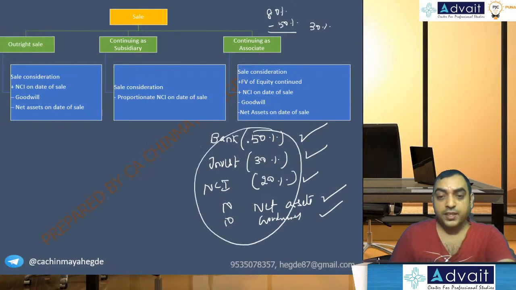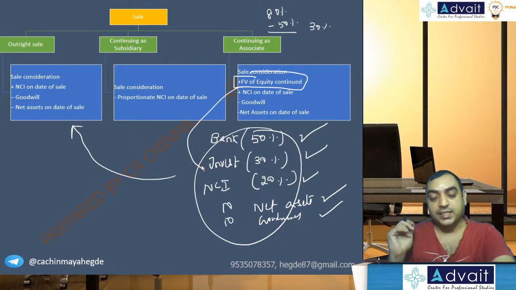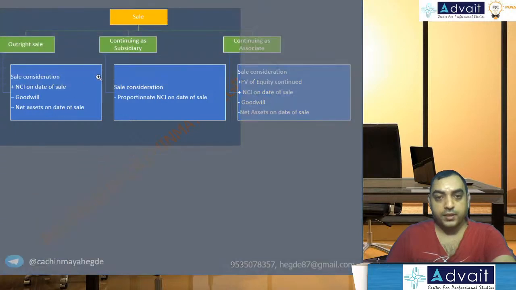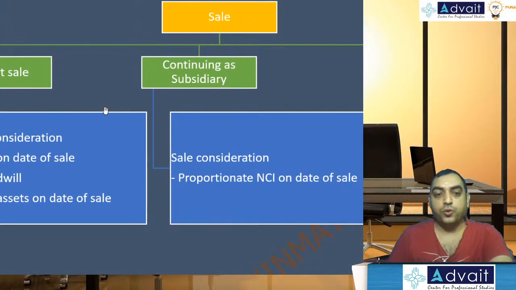So same thing as the previous one, except that this fair value of what is retained will come as an extra thing. Okay, if you want zooming, this for the first part, outright sale.